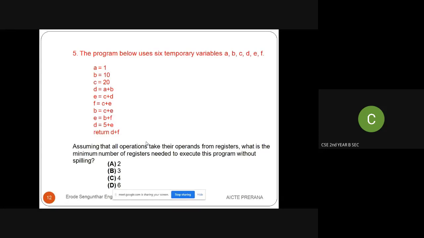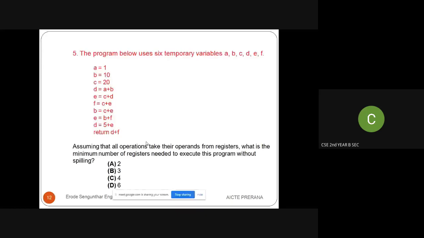In the previous 10 lines they have given operations, so we have to assume all these operations, and in order to process them, operands are needed. We are getting all the operand values. What is the minimum number of registers needed to execute this program without spilling?